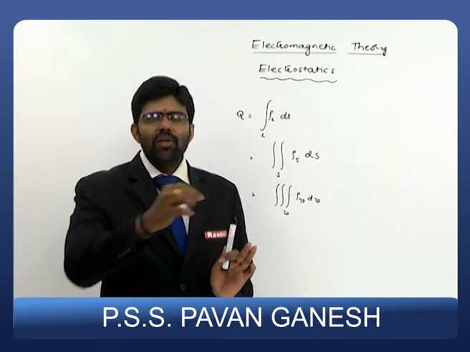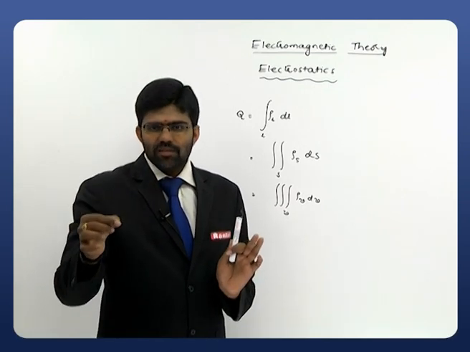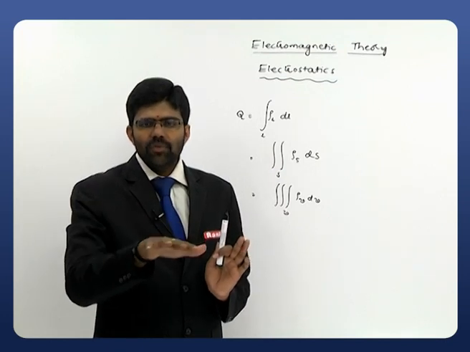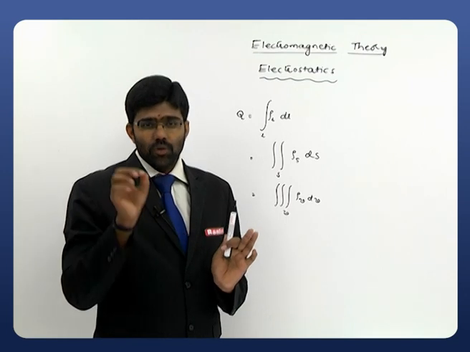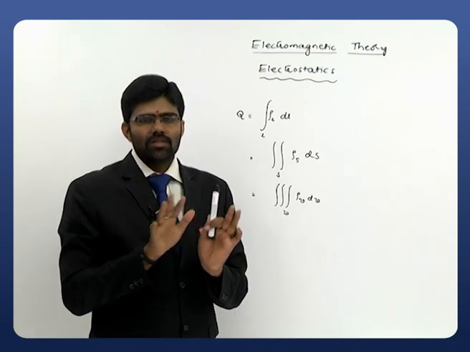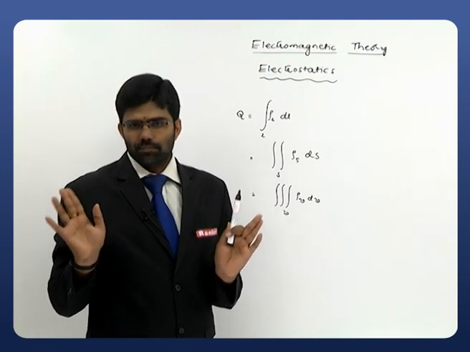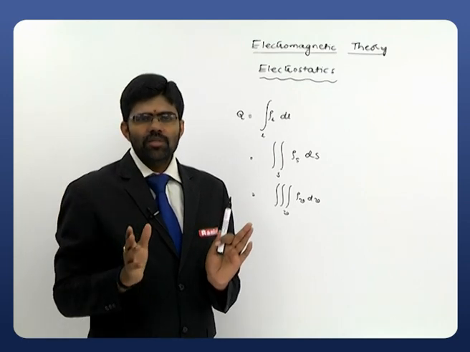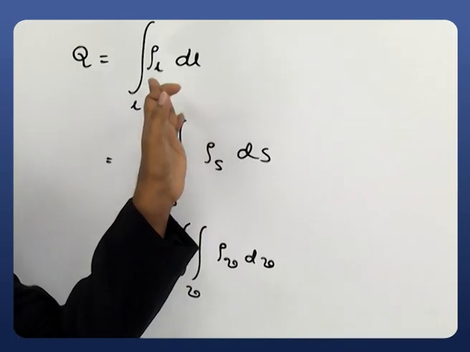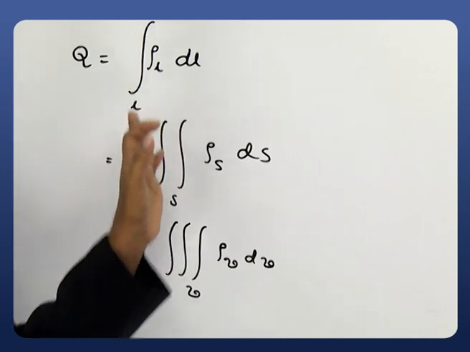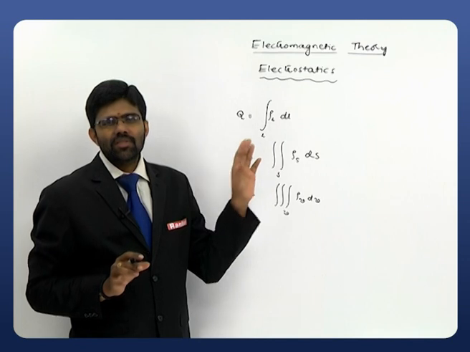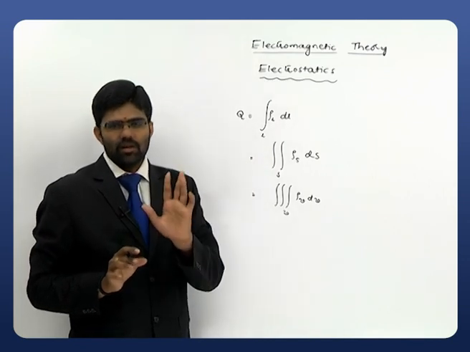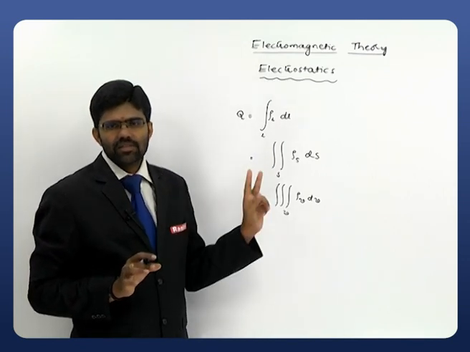That is, for every location within the region we are considering, along the line, on the surface, or within the volume, irrespective of the location, the charge is uniformly distributed. It is the same, right? If it is not uniformly distributed, this will vary, and we are not supposed to calculate like this. So we will assume throughout the entire course that this is a uniformly distributed charge, for line, surface and volume.